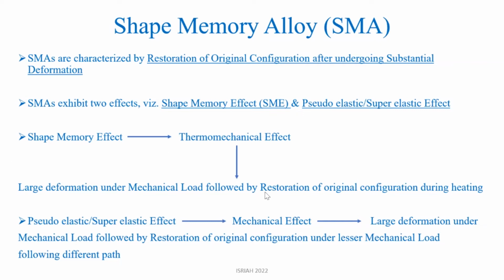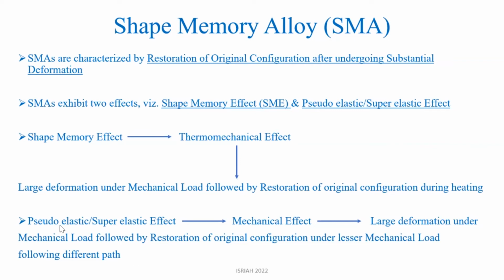Now, if this shape memory alloy is heated beyond a particular critical temperature, what happens? It is found to restore its original shape and size, its original configuration, upon heating. So it involves both heating, that is thermal load, as well as stressing, that is mechanical load, and hence the name thermomechanical effect. So this is the shape memory effect.